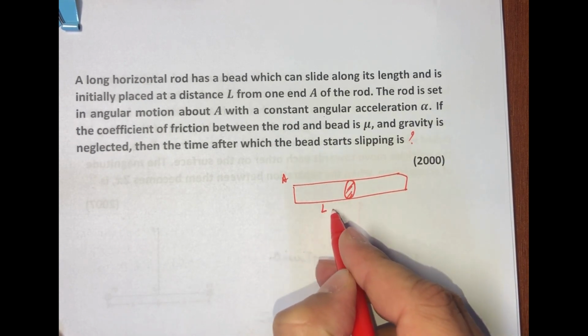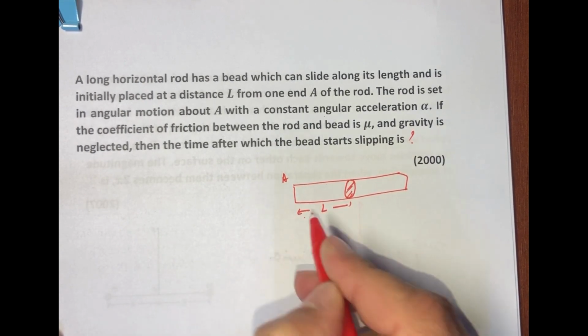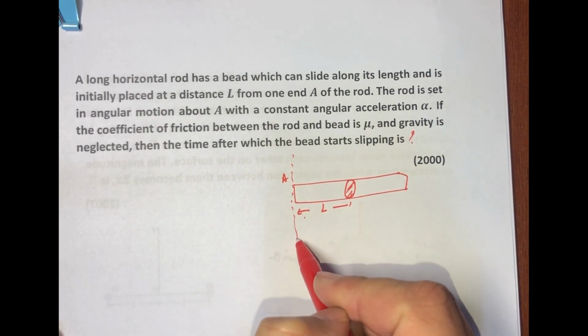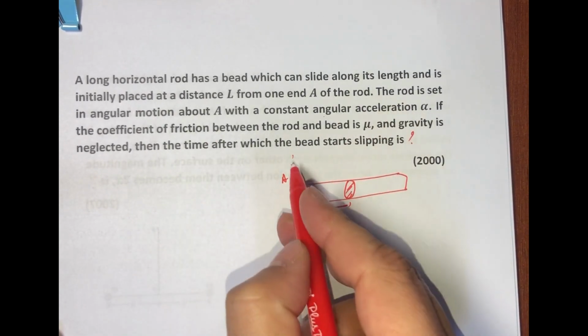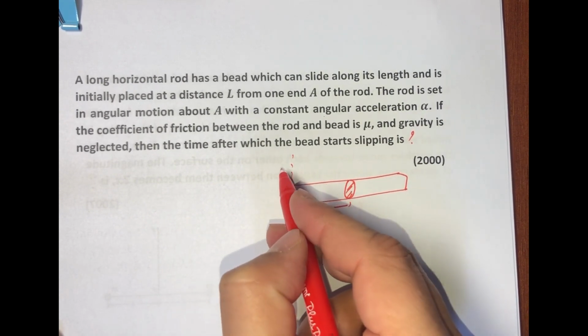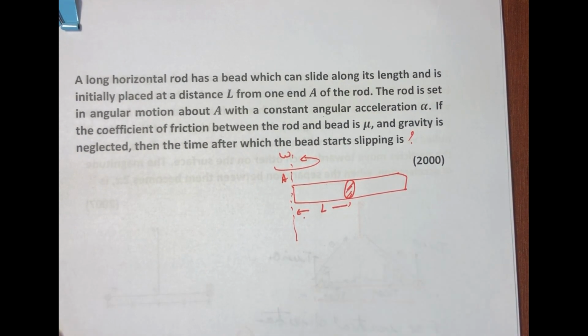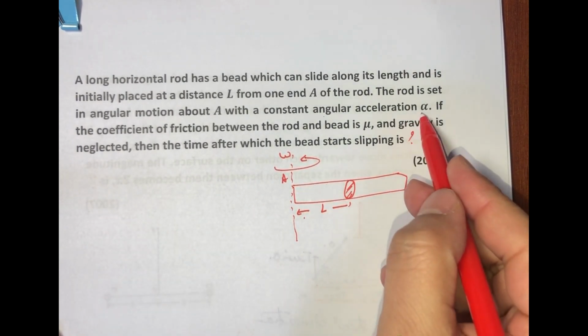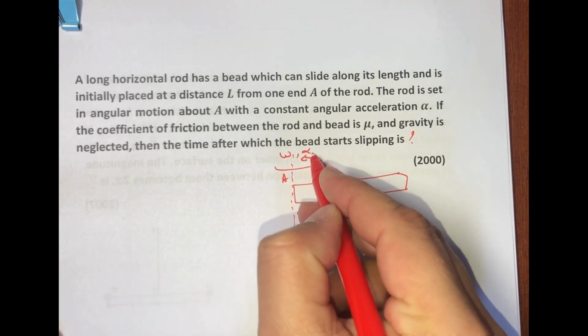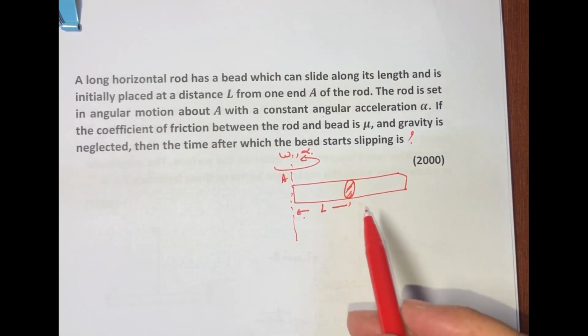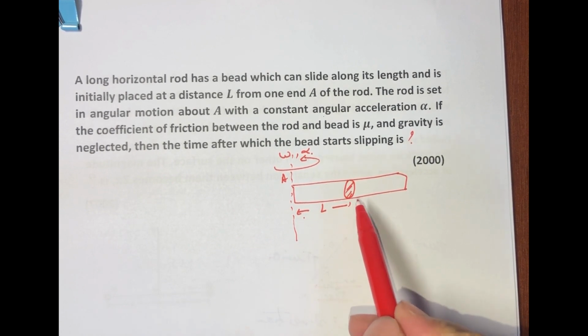It is placed at distance L from the end A, and the rod is set in angular motion about A. So let us suppose it is with angular velocity omega and angular acceleration alpha. We are supposed to find out the time after which the bead starts to slip.